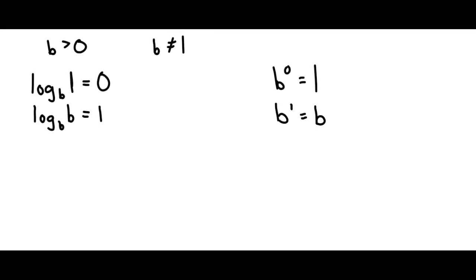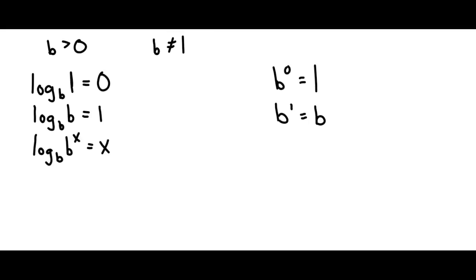The third law we're going to look at is the inverse. We have log base b of b to the x, and this is always going to be equal to x. When you have the log and you have the base taken to an exponent, they essentially cancel each other out.